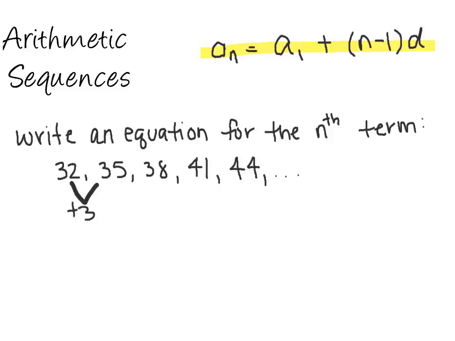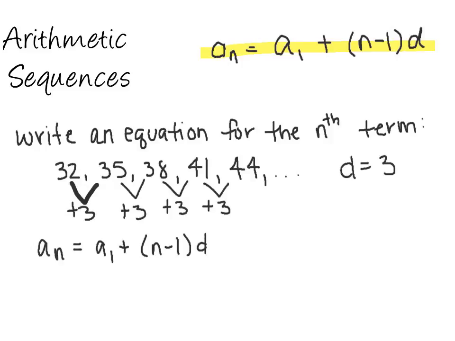So d equals 3. Alright, I found my common difference, so what I'm going to do is use that, as well as the other information given, and plug it into my formula. So a sub 1, remember, is my first term, so in this sequence, my first term is 32, plus n minus 1 times my common difference, which is 3.